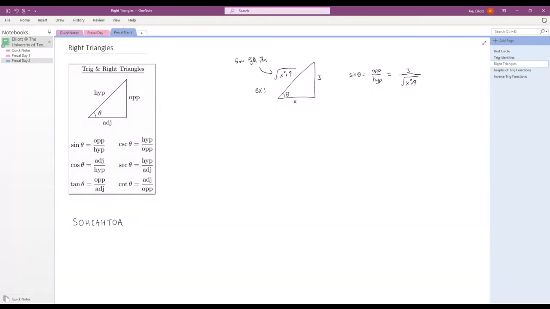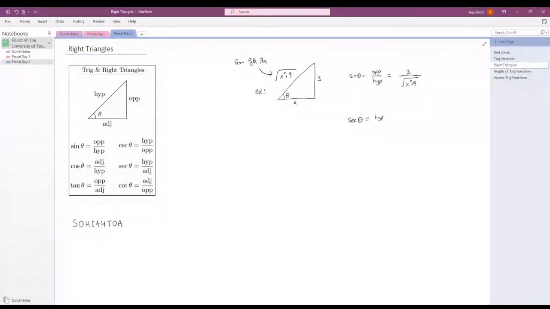So maybe just one more example, if we look at, say, secant for this example. Secant is the hypotenuse over the adjacent. It's the reciprocal of cosine.